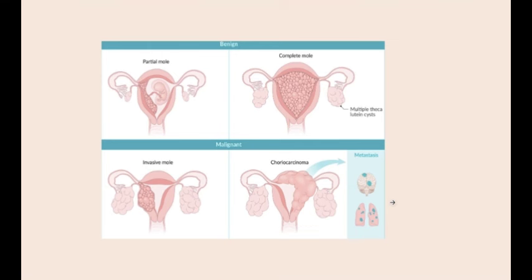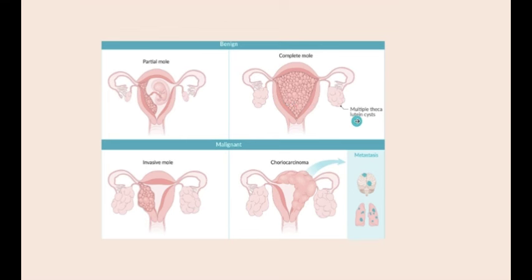So, as I mentioned, there are a few different kinds of trophoblastic diseases. You have a partial mole here, and this might have some embryonic components to it, but as I said, a partial mole is not compatible with birth or life. A complete mole is going to be completely trophoblastic, and you can see in this situation how large it is and how high the beta HCG is going to be.